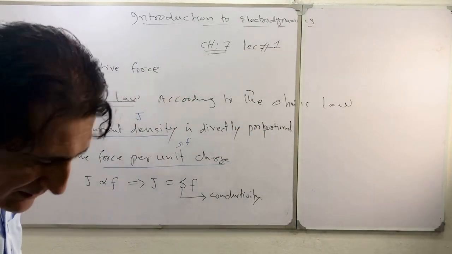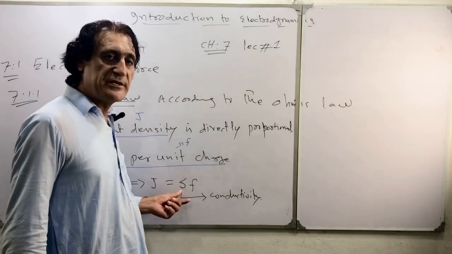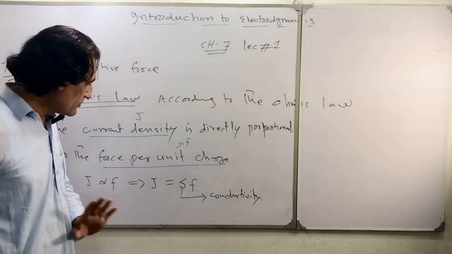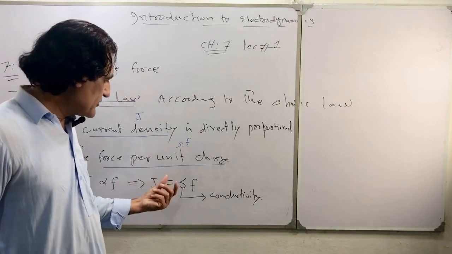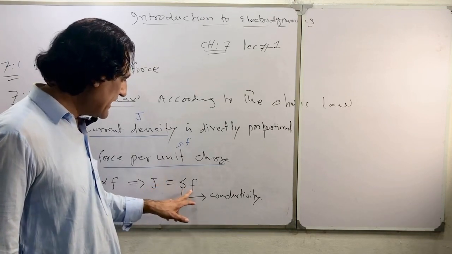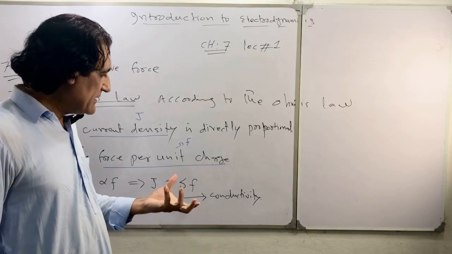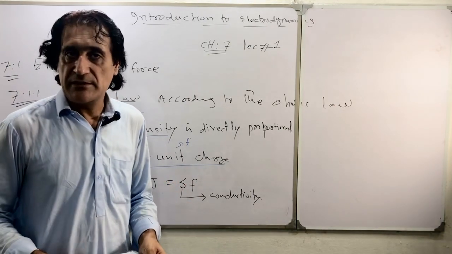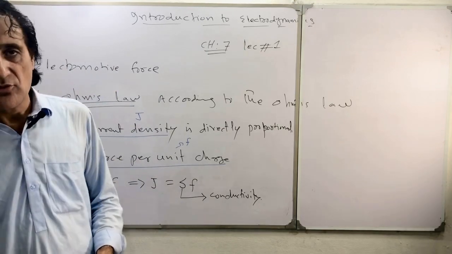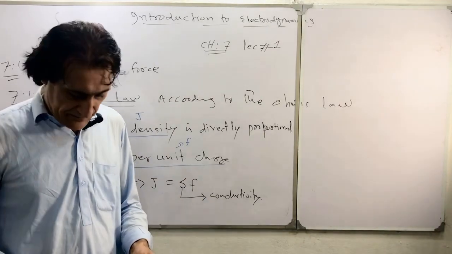It should be noted that previously we have used sigma for the surface charge density, but here don't confuse, this is just a symbol. So J is equal to sigma F. Sigma denotes the conductivity of the material, and it will change from material to material. Different materials have different conductivity.